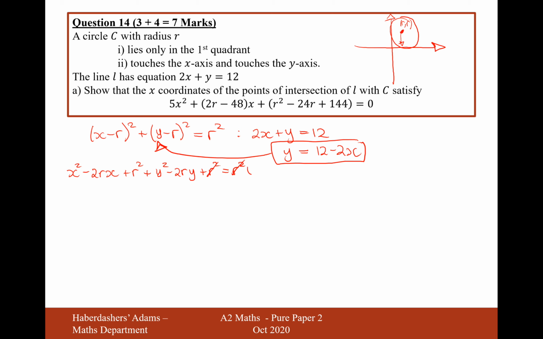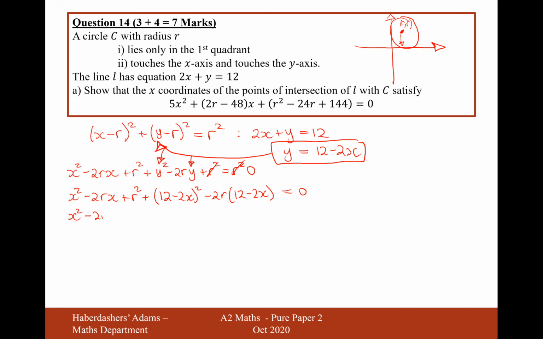Let's cancel out one r squared from both sides. Let's now plug in the y values: x squared minus 2rx plus r squared plus (12 minus 2x) squared minus 2r times (12 minus 2x) equals 0.